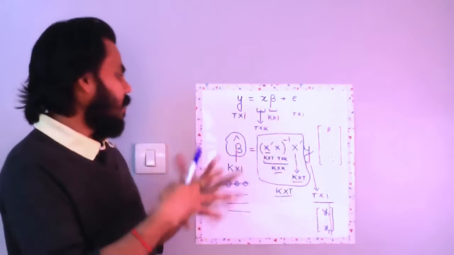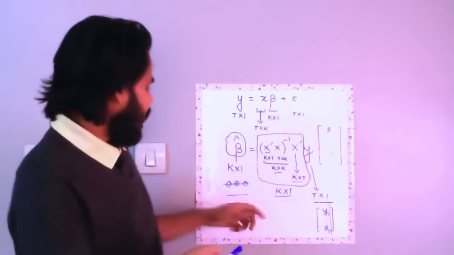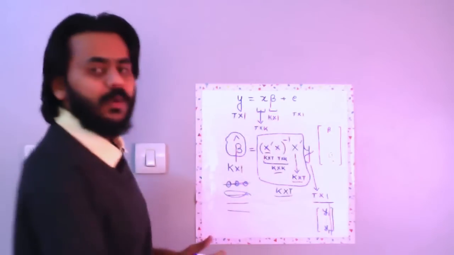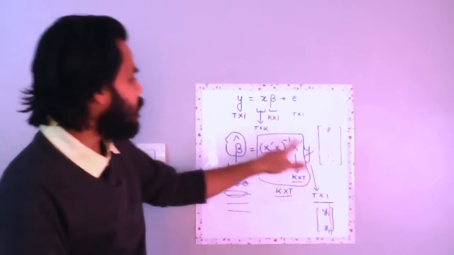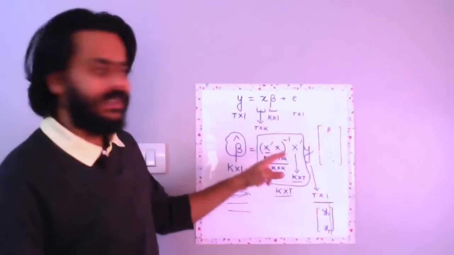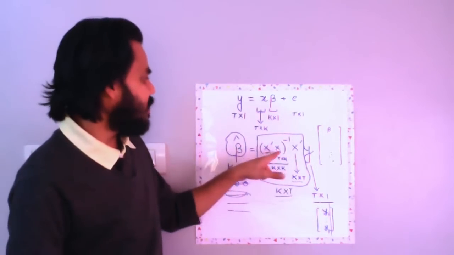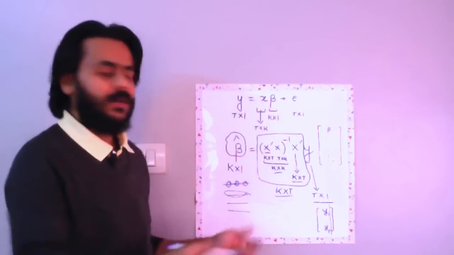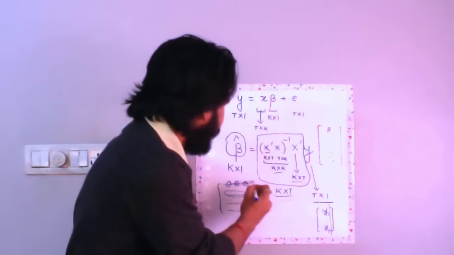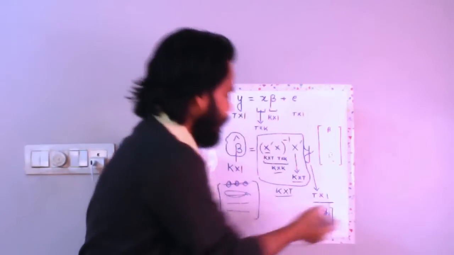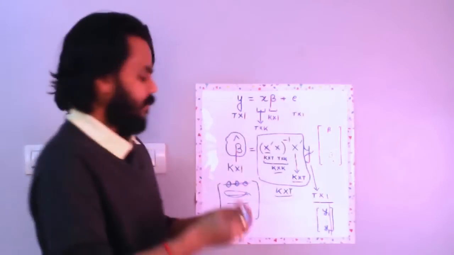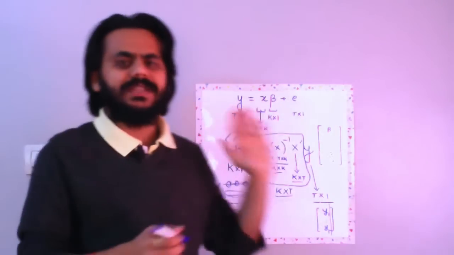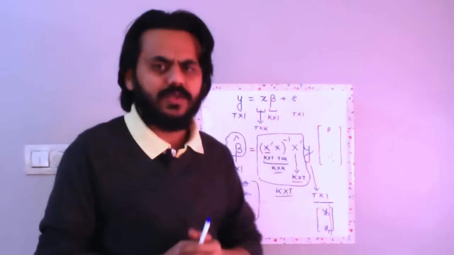The linear combination weights are given by these rows. The rows are calculated using this matrix: x transpose x inverse into x transpose. This will give you the full matrix, and you take a row, then the y's, then again a row, then the y's. So beta hat is essentially a linear combination of your y values, the dependent variable.